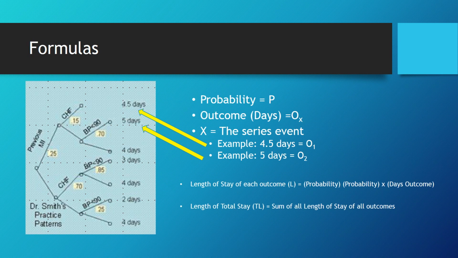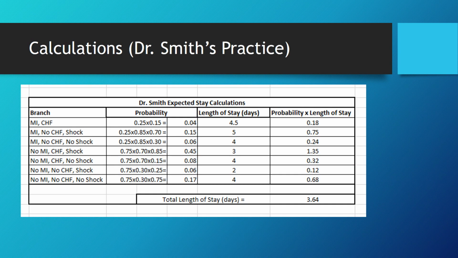You can see on the top it says previous MI is 0.25 and then CHF is 0.15. So 0.25 times 0.15, and you can see the outcome is at the very top, which is 4.5 days. And you can see that's where we get that. So we will do that for each various branch or different types of outcomes. And the calculation shows here.